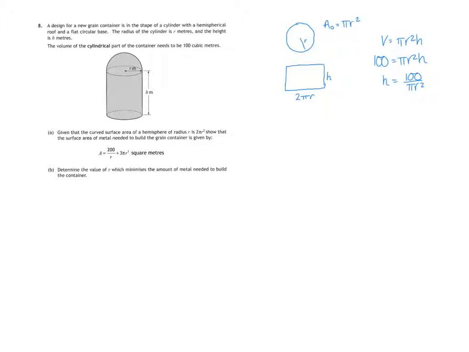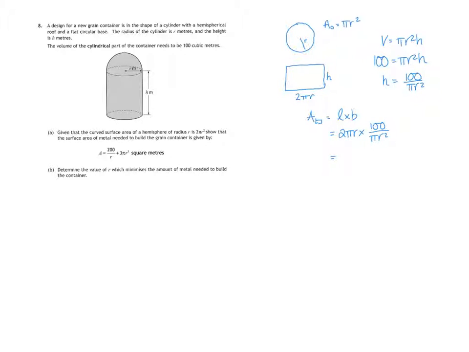So we can then find the area of the rectangle, or the area that you need for the outside of the cylinder. So the area of the rectangle is going to be, it's just length times breadth, which is 2 pi r times by 100 over pi r squared.